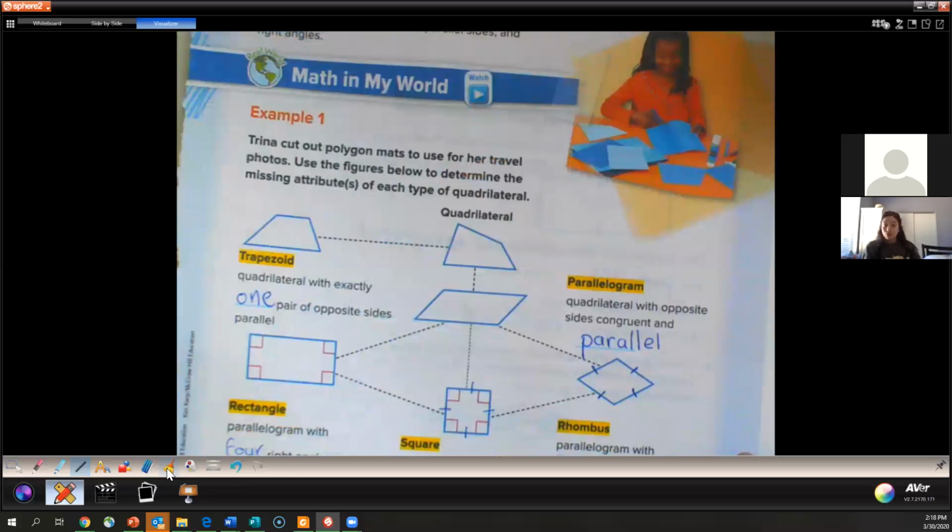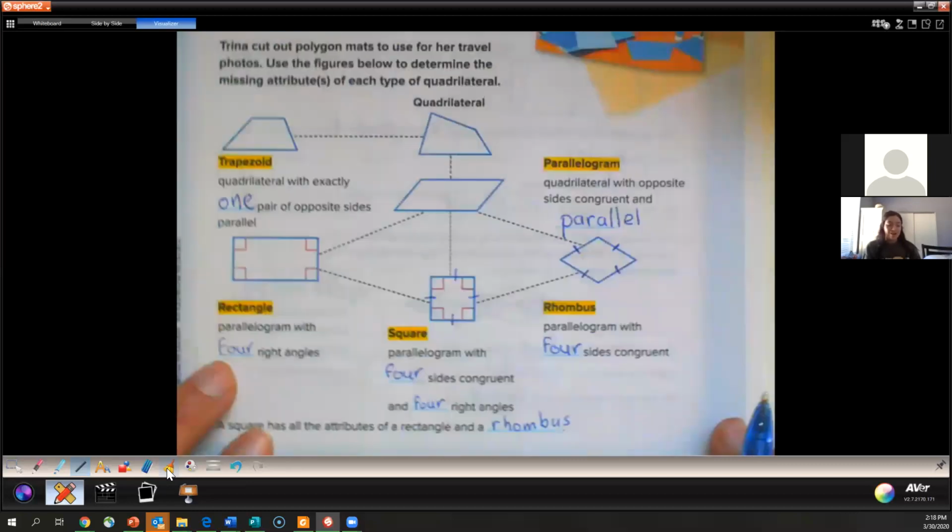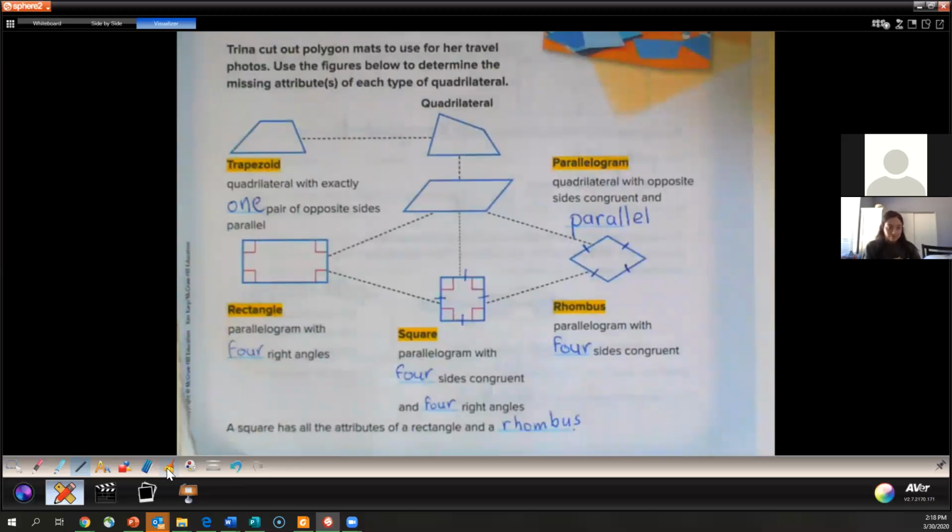All right, so a rectangle is a parallelogram with 4 right angles. The key word right here is they identify a rectangle as a parallelogram. So a rectangle is a parallelogram.